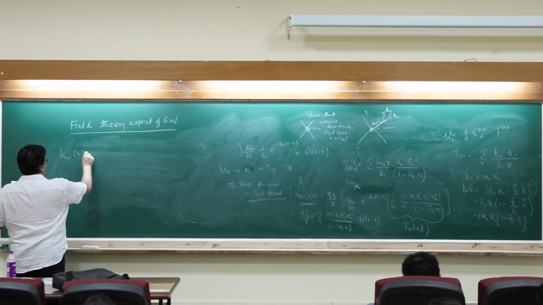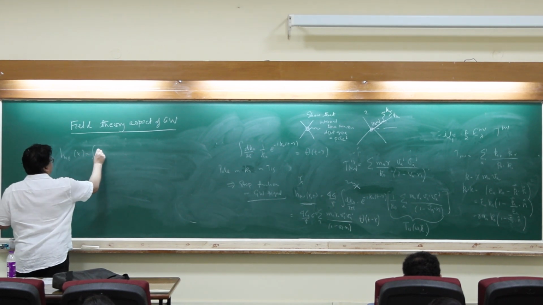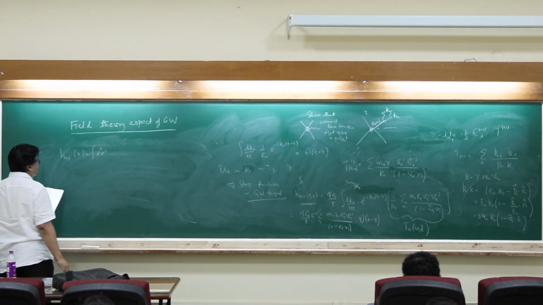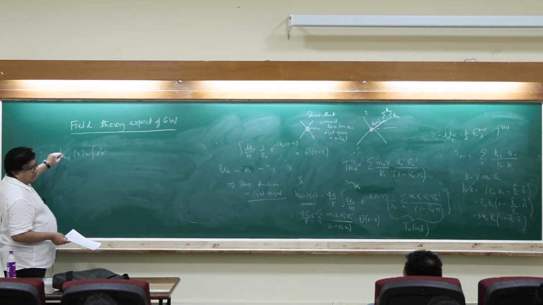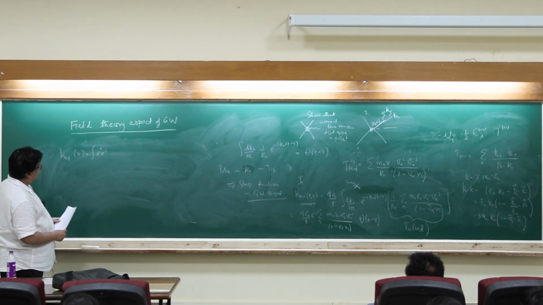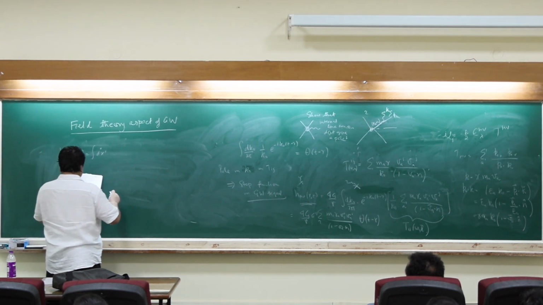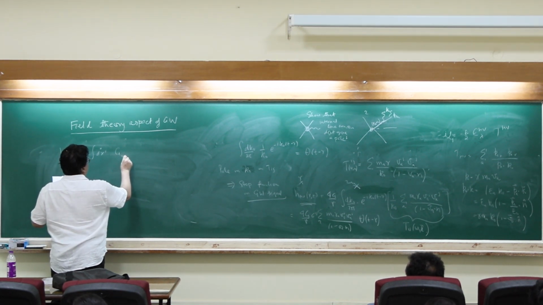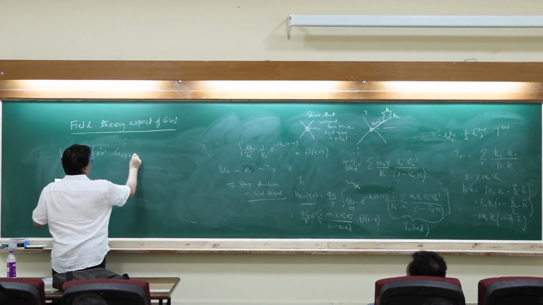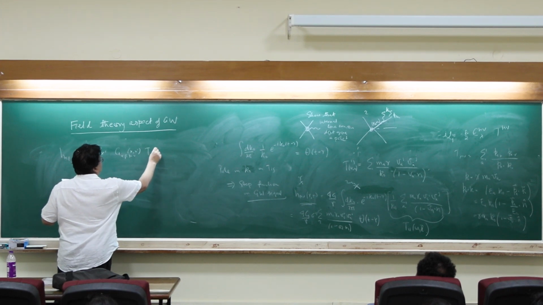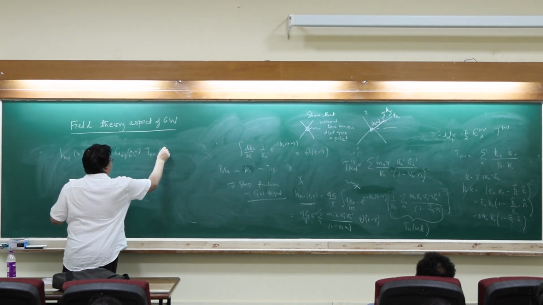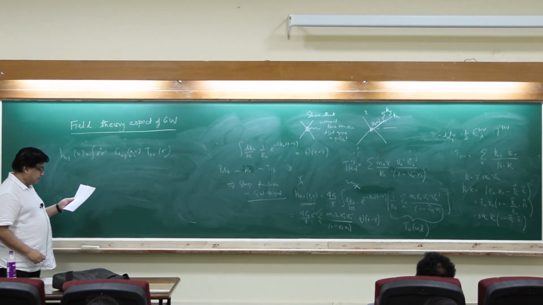So I can write this in a covariant way also, and as I said later you can write this in a covariant form, but in the end what matters is the transverse traceless projection of this ij. But x prime.